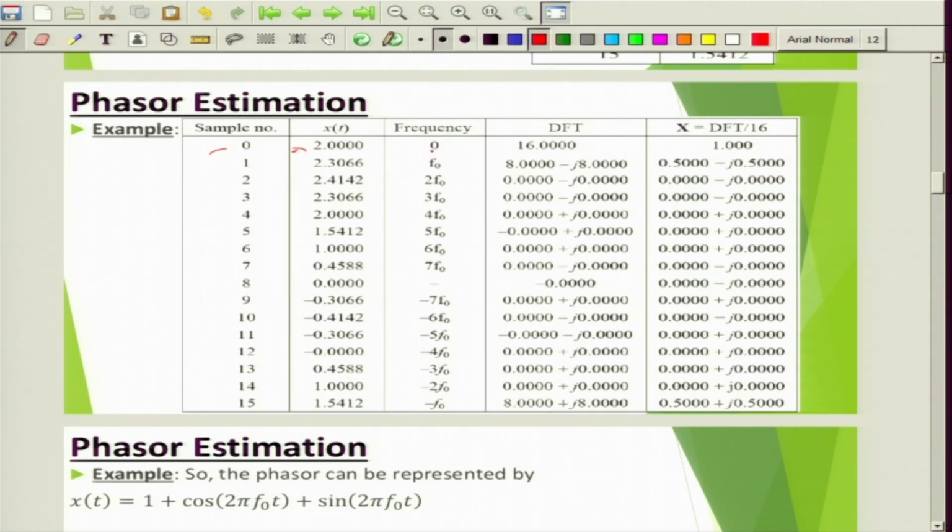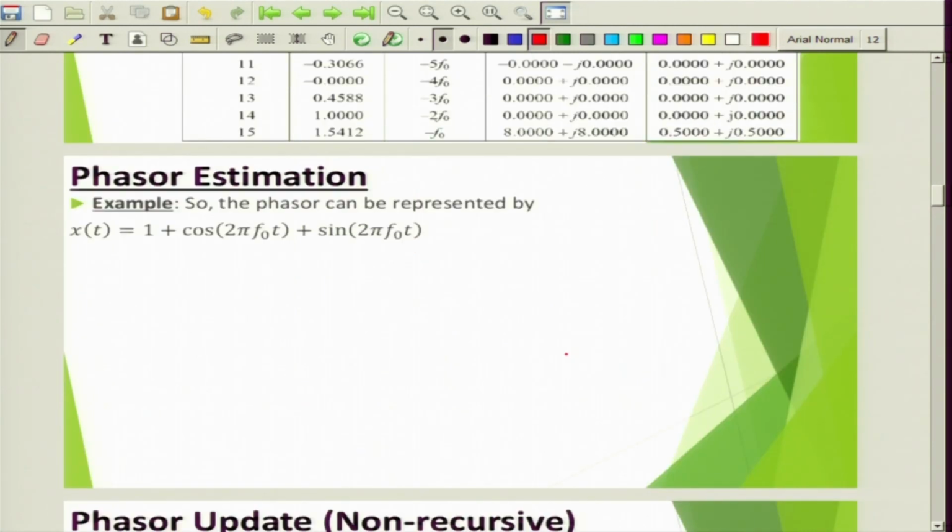So that way you can see the 0th harmonic or DC component is existing in this specific sampling of the signal, and there is a fundamental x of t, the magnitude is given, the frequency is given. So the overall cosine and sine components are also given to us. And then there is no other frequency; you see second harmonic, third, fourth, fifth, sixth, none of the harmonic components is present.